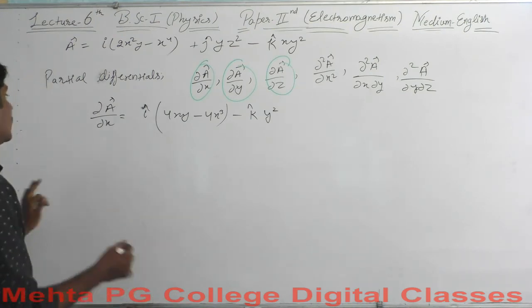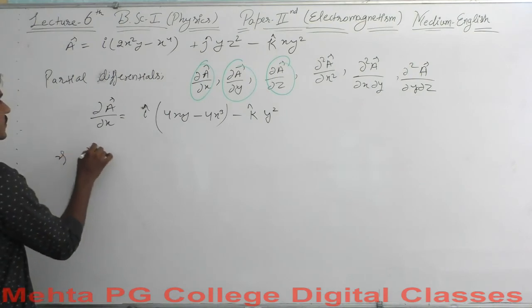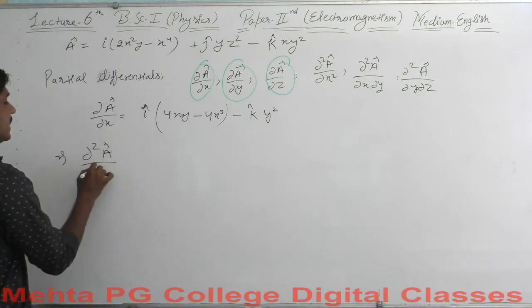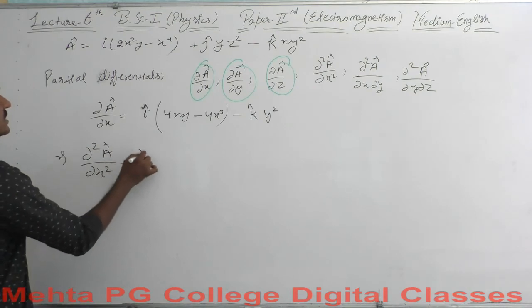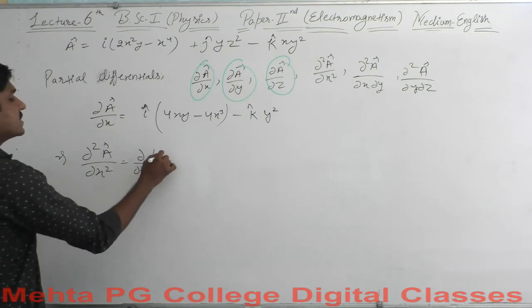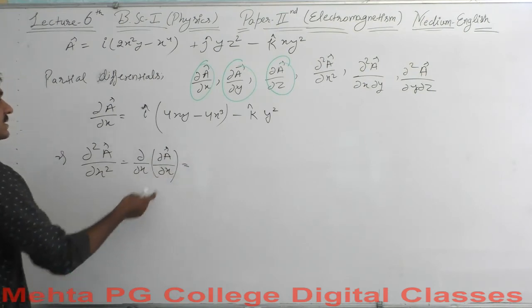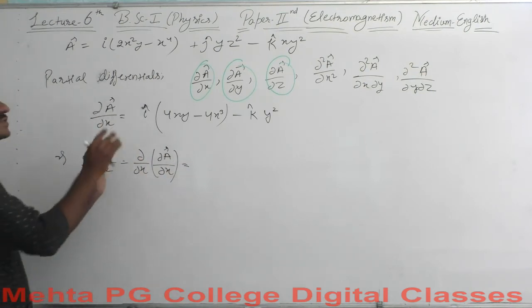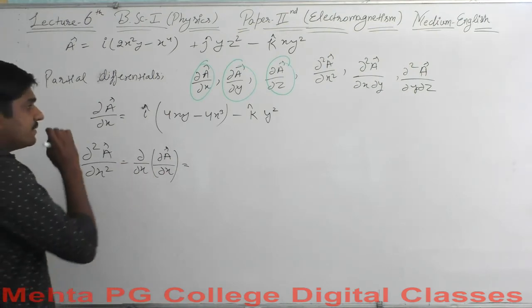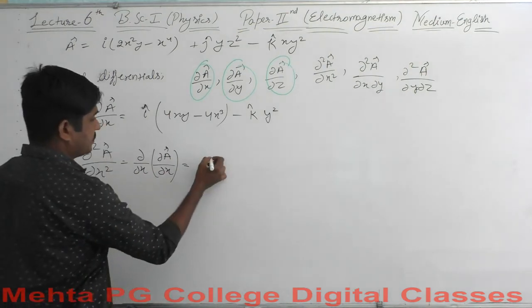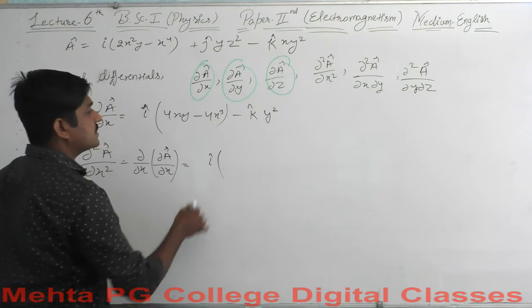This is it. So now what will be the value of ∂²A/∂x²? Simply you can say ∂/∂x of ∂A/∂x, the next differential with respect to x for this equation. So what will be the value of the next differential here? i cap will exist, but not this time.